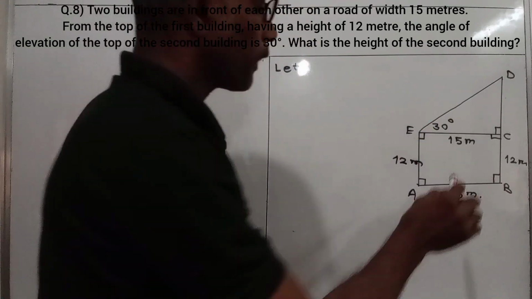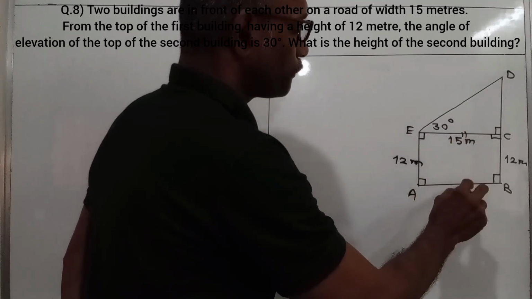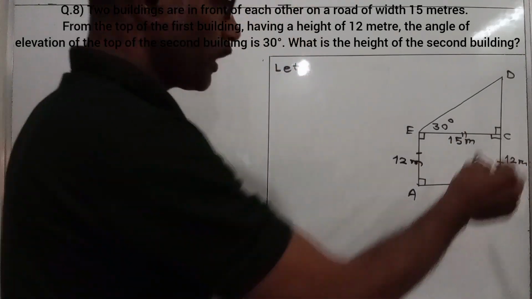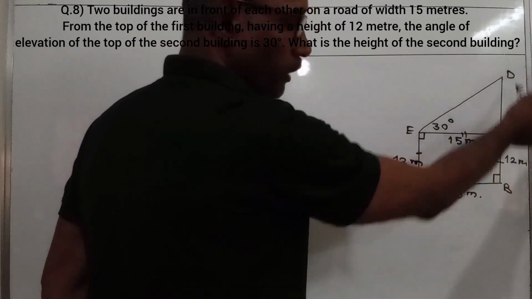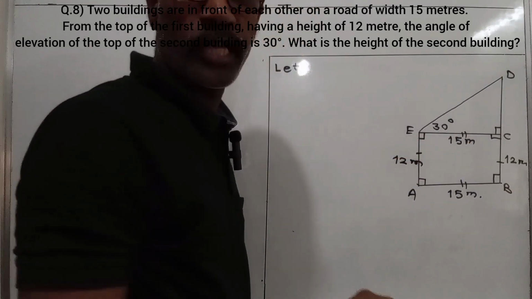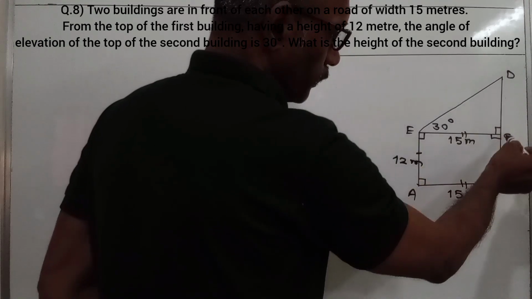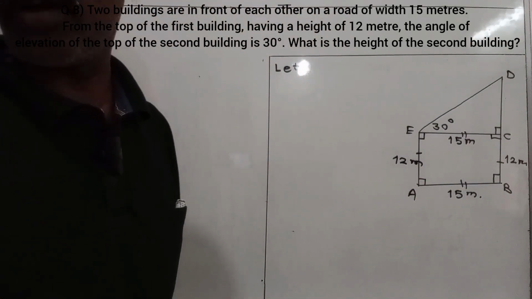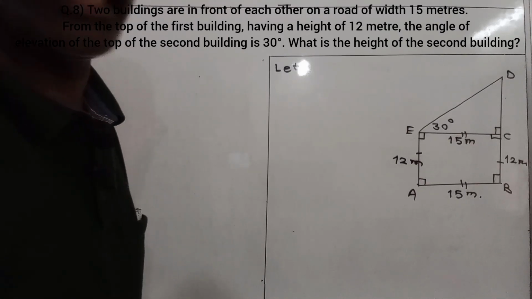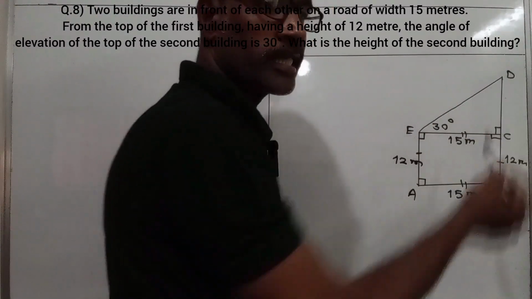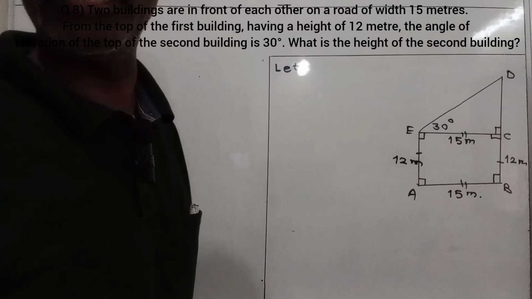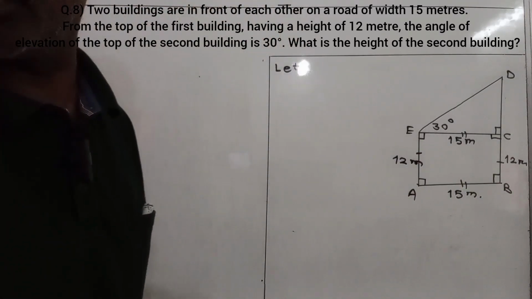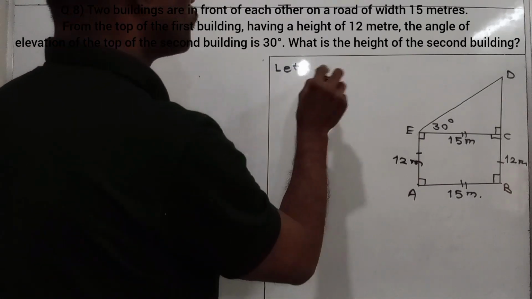Did you get it? Now find the height of the second building. For that, we will find the length of CD. When we find the length of CD, then we will get the height of the second building BD. BD is equal to BC plus CD. Did you get it?